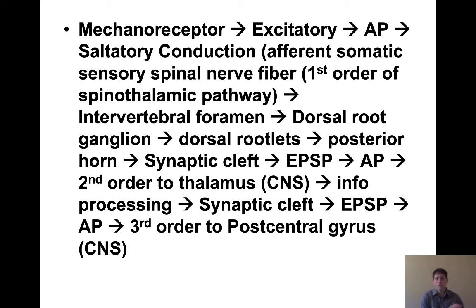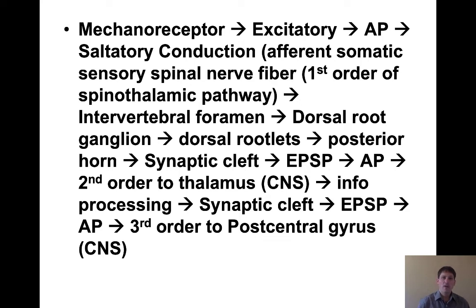This is our first order neuron of our spinothalamic pathway that passes in through our intervertebral foramen, through our dorsal root, past our dorsal ganglion, through our dorsal rootlets, and into the posterior horn of our spinal cord.